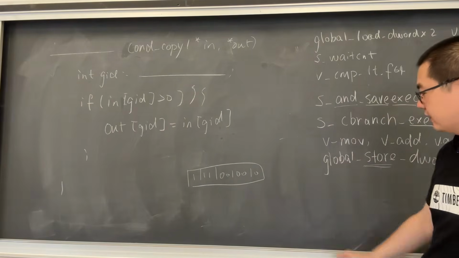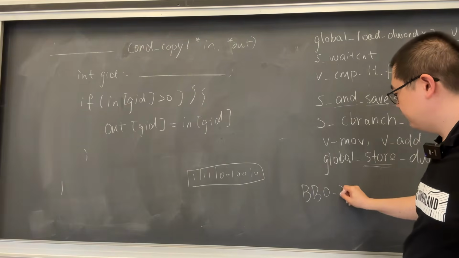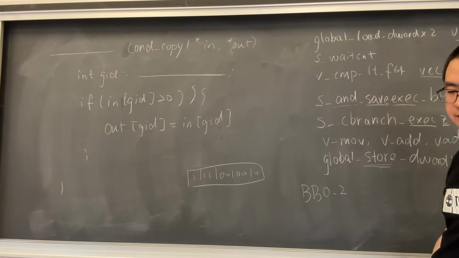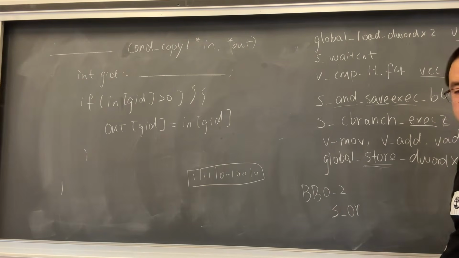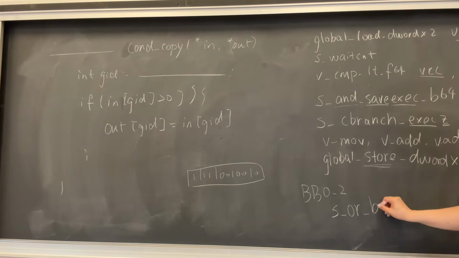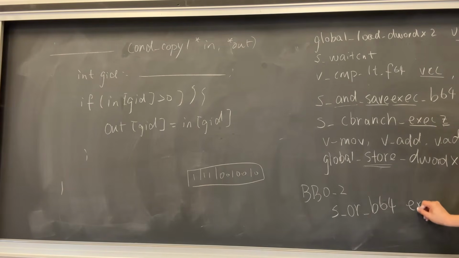Okay, now here we finally have this BB02. Then there's an S or B64. And what is it? Is EXEC S45.